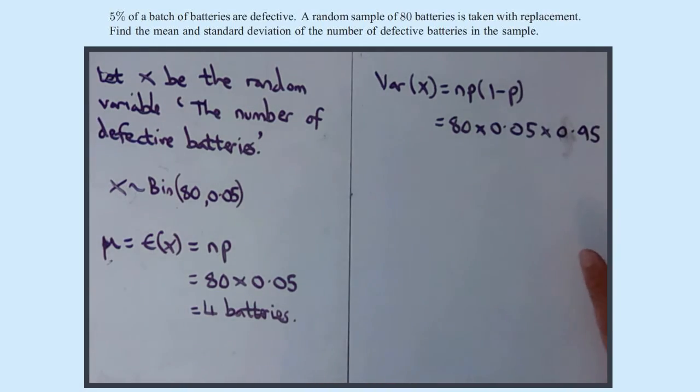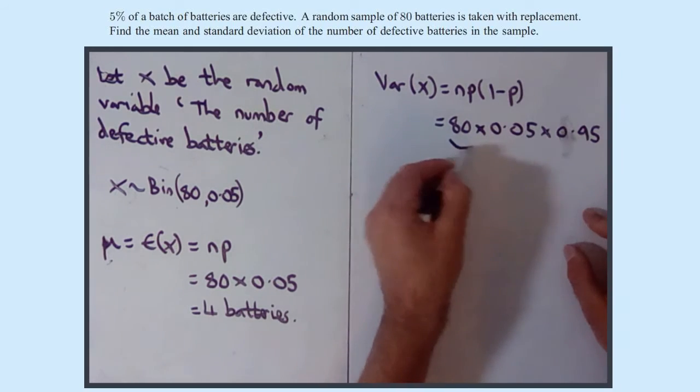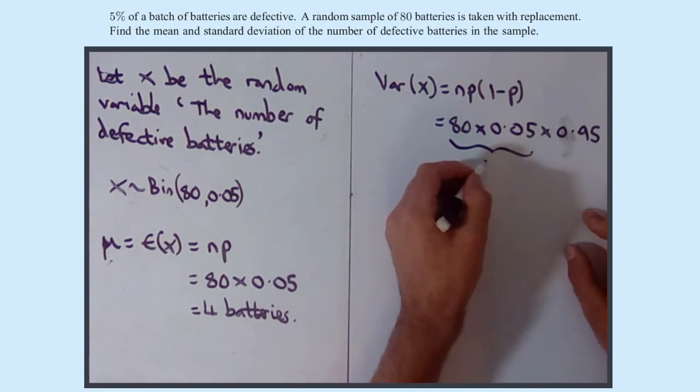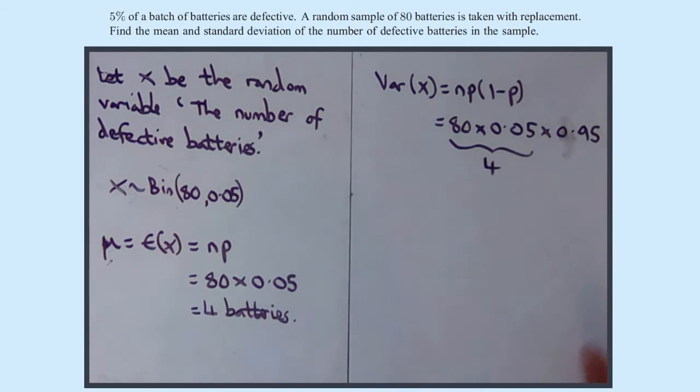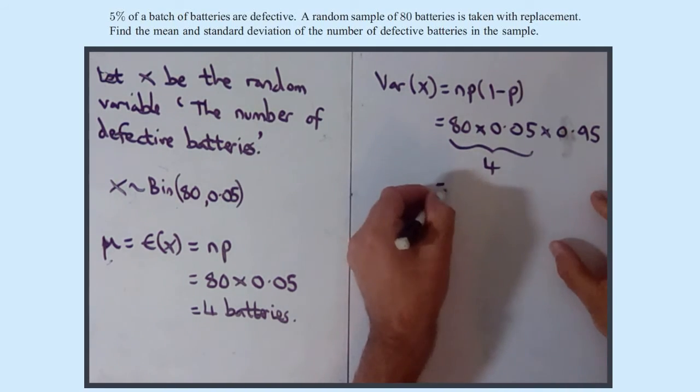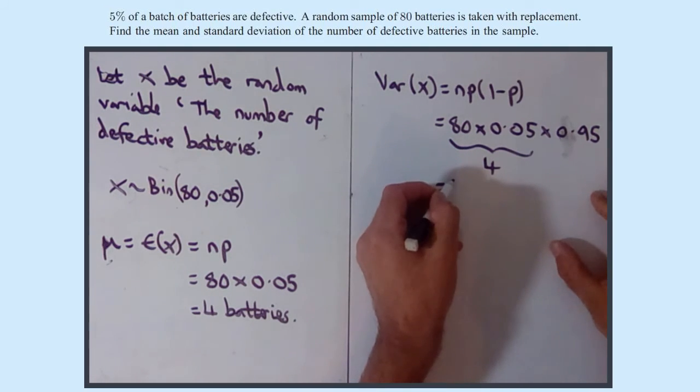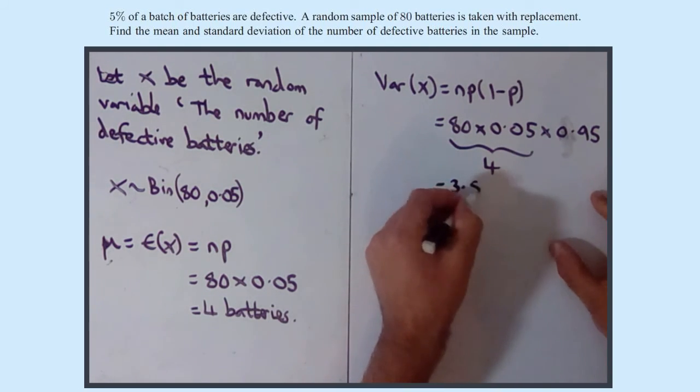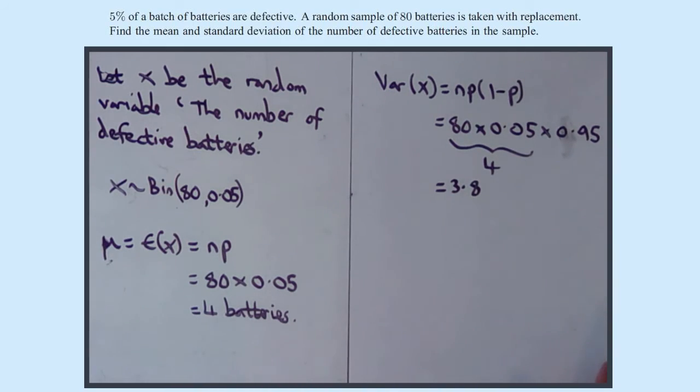So 4 times 95% of 4, really. If you think of the number 4, 10% is 0.4, so 5% must be 0.2. 100% is 4, so 95% must be 3.8. So that's the variance.